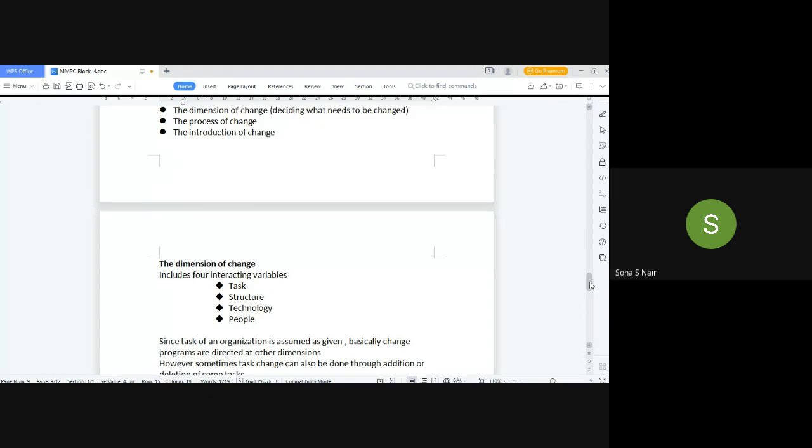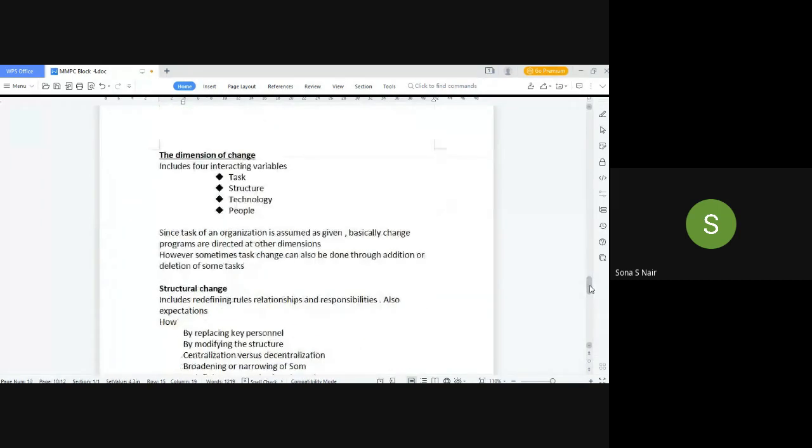So what has happened, that after sales service or that troubleshooting work was actually a part of their main work, but they downsized in that way, and then they gave it to another organization to cater to the needs of the consumer. So in that case, the task has changed, but generally it does not change. Task means the activities of an organization. Okay.